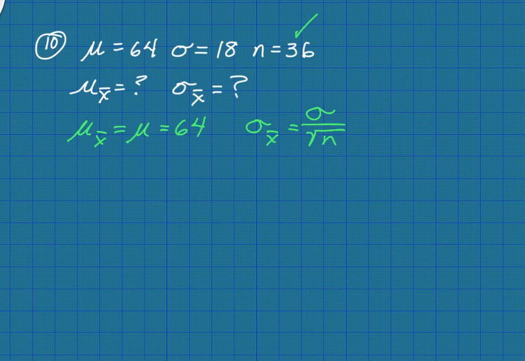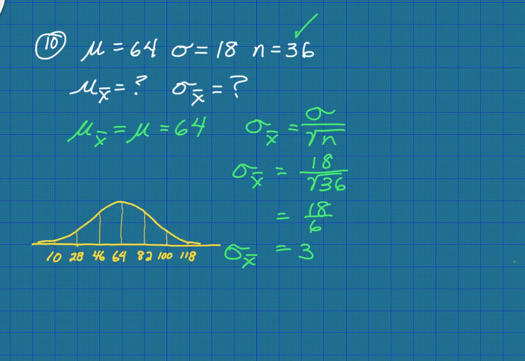So for this problem, the standard error of the mean will equal 18 divided by the square root of 36, which is equal to 18 over 6, which is equal to 3. So although the standard deviation of the population is 18, the standard error of the mean is only 3. Here would be the distribution of the population with mean of 64 and standard deviation of 18.